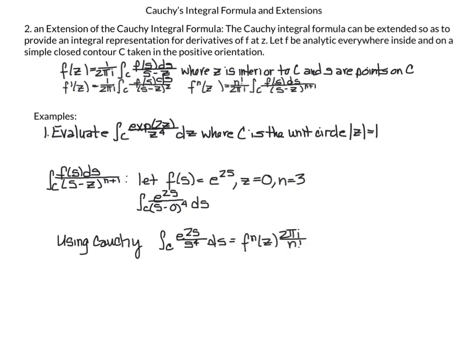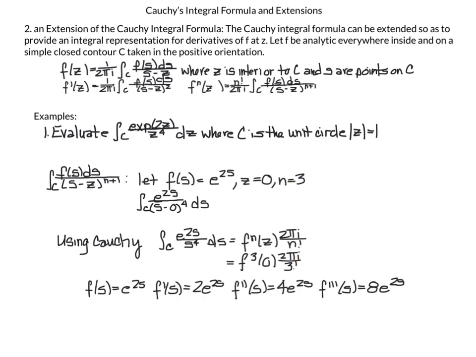Using my Cauchy integral formula, this integral, using this formula up here, is equal to the f^(n) of z times, and I'm just going to move this to the other side, 2 pi i over n factorial, which then, just plugging in n equals 3, so the third derivative evaluated at z, and again here z is 0, evaluated at 0, 2 pi i over n factorial, this should be 3 factorial.